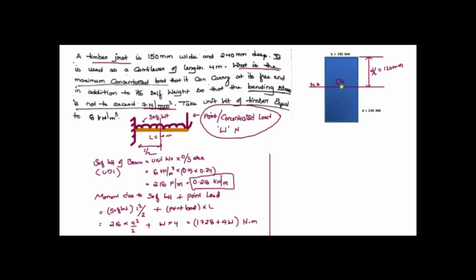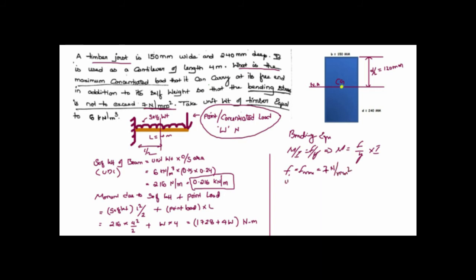Now, based on the bending equation, let us find the moment. M by I is equal to F by Y, and we need M, which is equal to F by Y into I. What is F? F is given, which is F max, equal to 7 Newton per mm square.